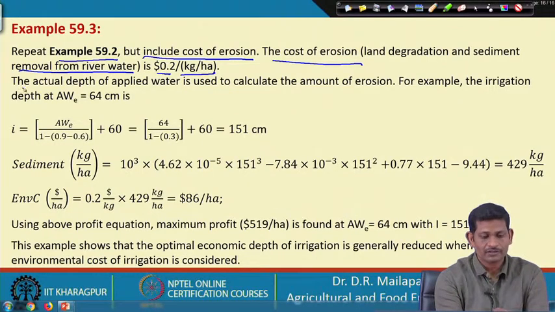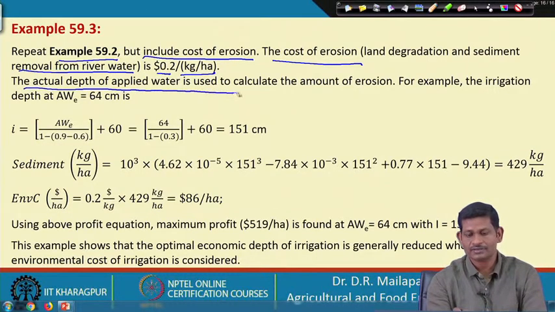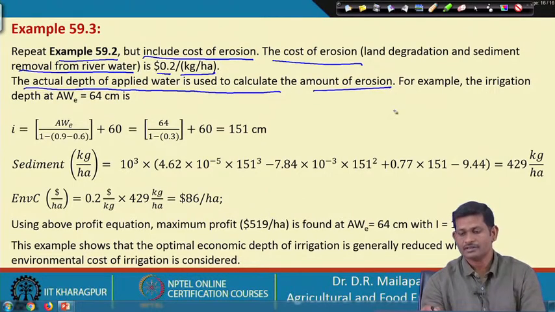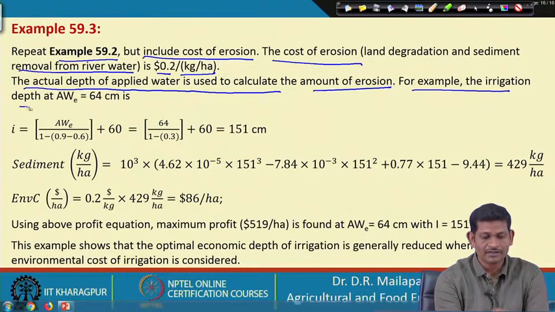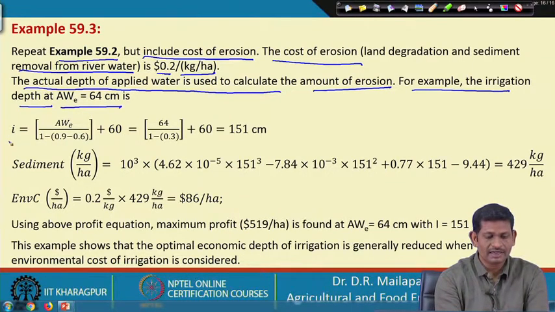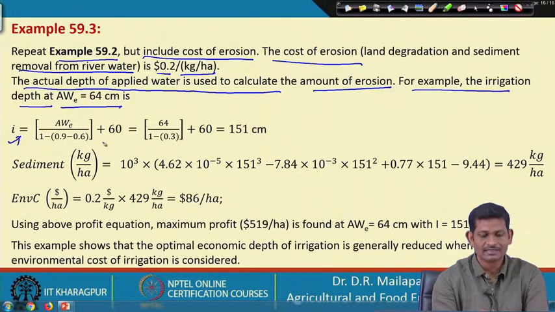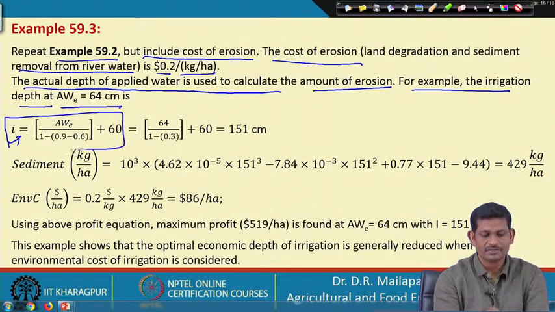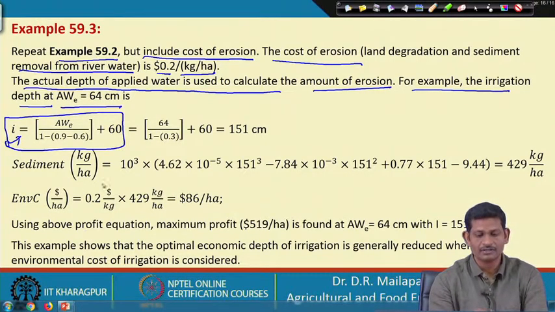The actual depth of applied water is used to calculate the amount of erosion. For example, the erosion depth AWE, which is experimentally determined applied water, is 64 centimeter. So, the gross depth I is 64 over 1 minus 0.3 plus 6, from the surface irrigation system of the previous example.